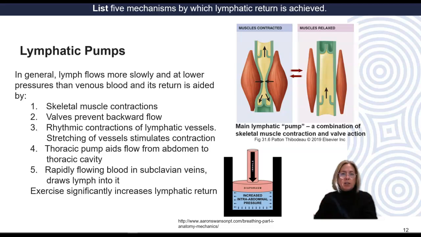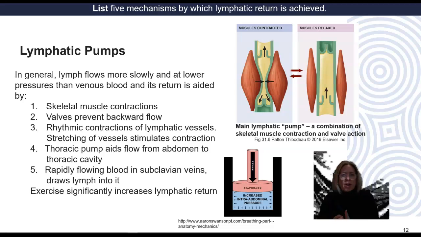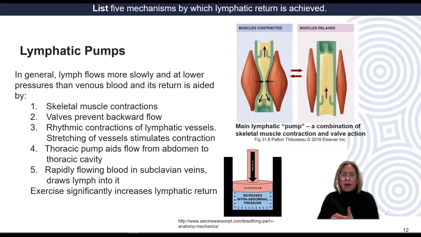So during inspiration, or when we breathe in, the pressure in the thoracic cavity is going to decrease, and that allows the lymphatic vessels to expand, and lymph flows into them. Then when we breathe out, the pressure in the thoracic cavity increases, and that increase in pressure is going to compress those lymphatic vessels, and again that compression is going to move that lymph along.